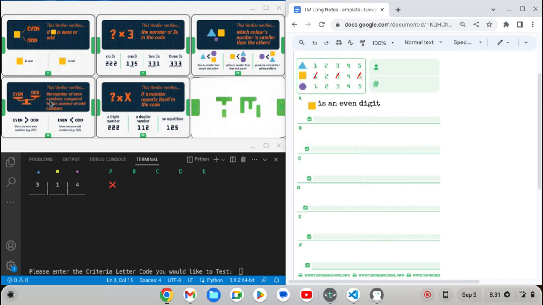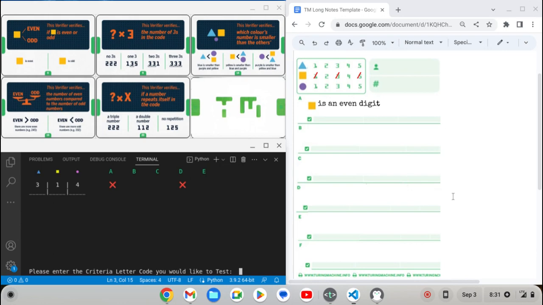Next, let's go ahead and test criteria card D. Okay, so in criteria card D, it tells us a little bit about the ratio of even to odds. Notice that I do have 2 odds to a single even, but the Turing Machine does not approve of a majority of odds. So in fact, it's letting me know that there should be more even than odds.